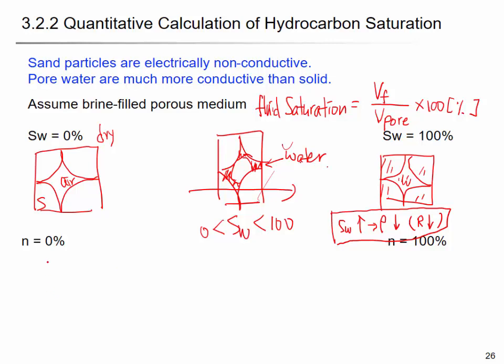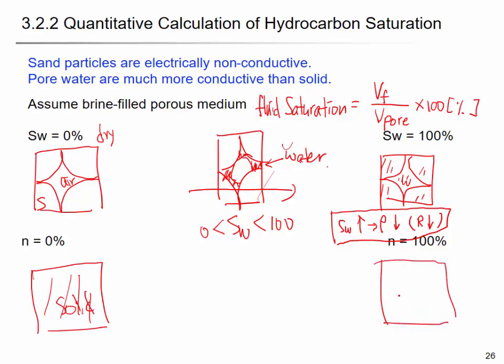Very basic physics, and we can think of the porosity too. And these are all filled with brine, so this is all filled with saline water. And 0% means that you don't have any pore, right? It's all filled with solid. And 100% is what? It's just all water, right? And in between, maybe like 50%, this is solid and water.